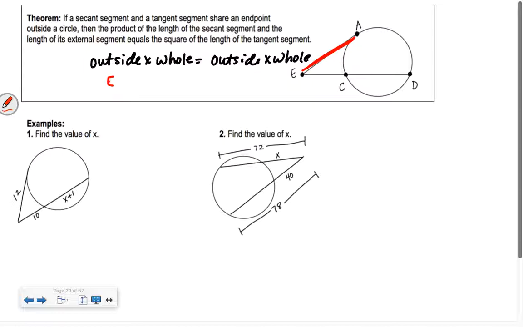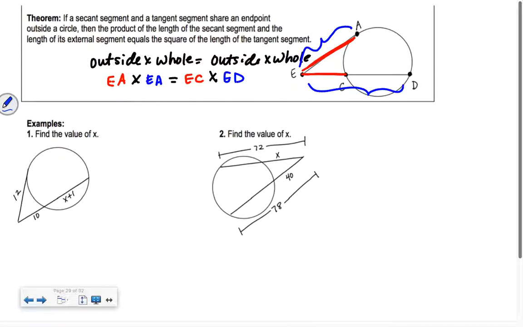So when I say outside, it's definitely EA, but what about the whole? It's itself, EA, that's right. The outside and the whole are the same. So how about this side? EC times, yep, ED, perfect. Outside times whole equals outside times whole.